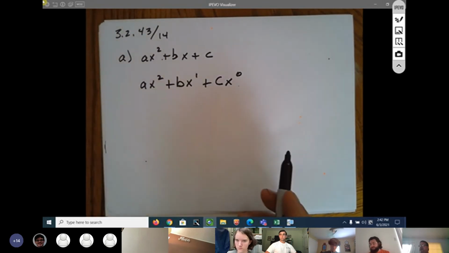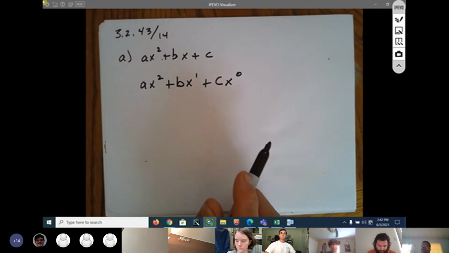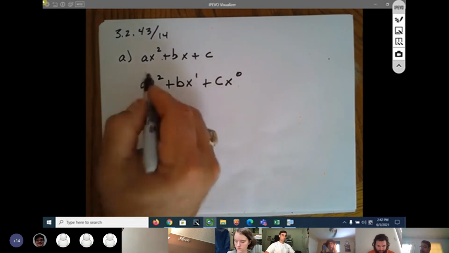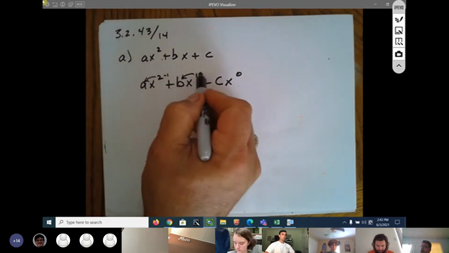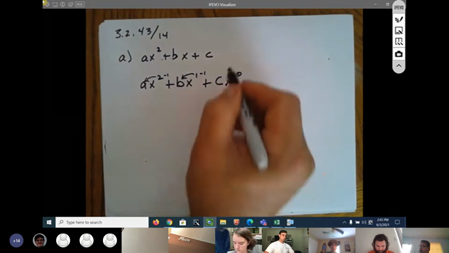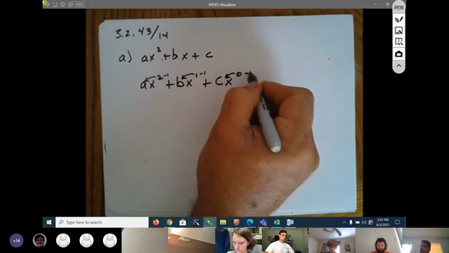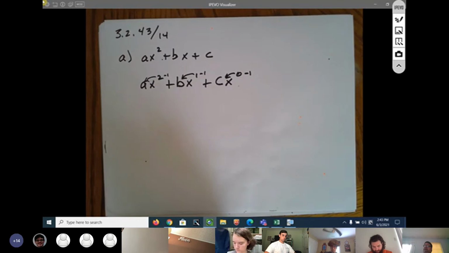Take that exponent, multiply it by the coefficient, and subtract 1. Take about 30 seconds to do that.